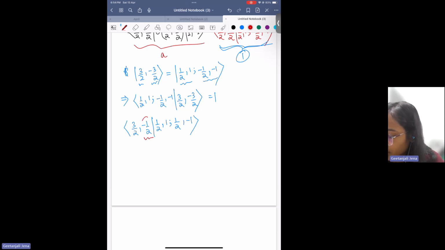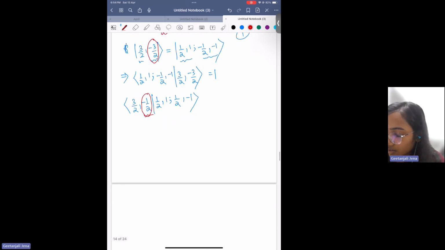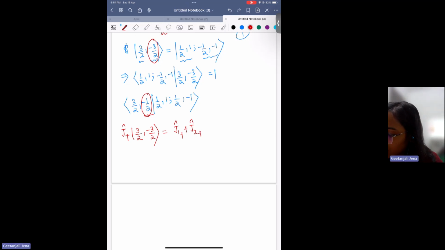Minus half you can get from minus 3 by 2 if you act with a raising operator. So we have to apply a raising operator on this stretched state 3 by 2 minus 3 by 2, and the right hand side will be J1 plus 1 plus J2 plus 1, acting on this uncoupled state half 1 and minus half minus 1.